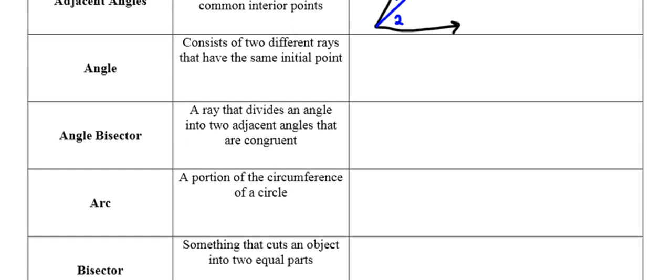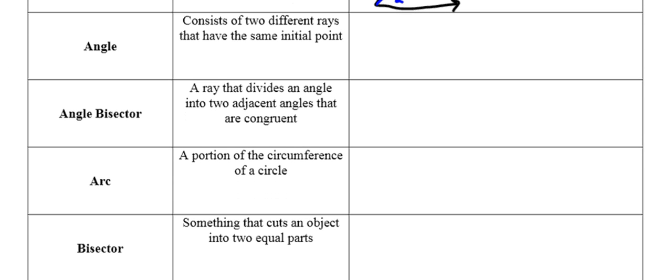An angle consists of two different rays that have the same initial point. Again, I know I'm going rather quickly, but this should be review. Names that we're going to use for angles this year and that you should have seen and used before: we could call this angle B because B is the vertex, and I'm going to use that symbol to represent an angle.